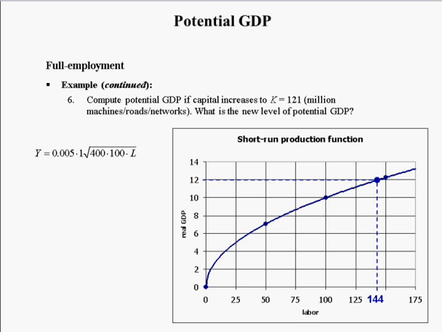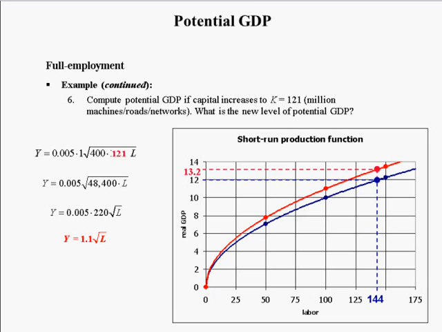All right, so maybe in that situation, capital increases from 100. It was 100, right? Now it's 121. So what happens to the production function? The short-run production function rotates up and to the left, rotating via the origin.